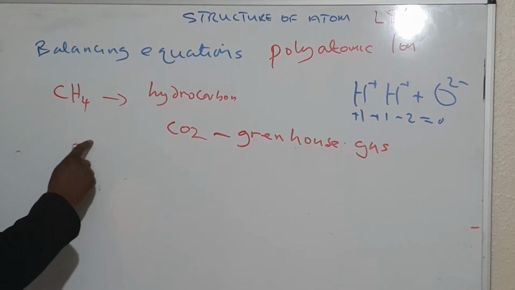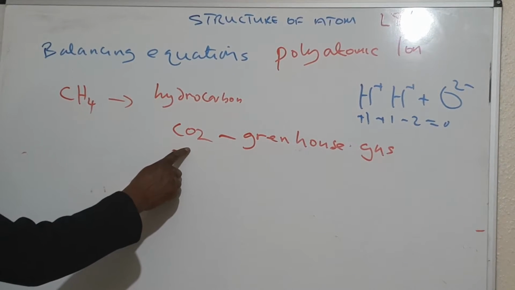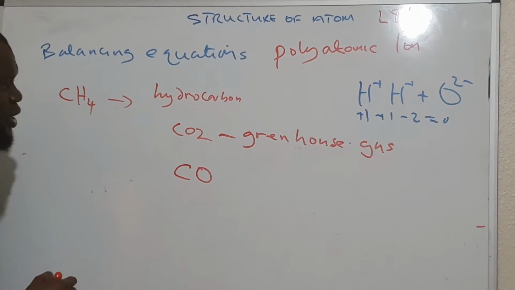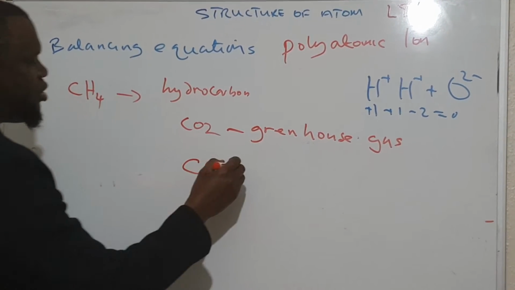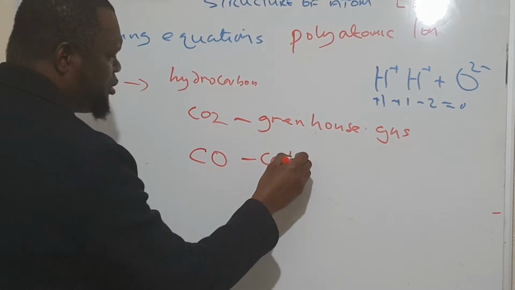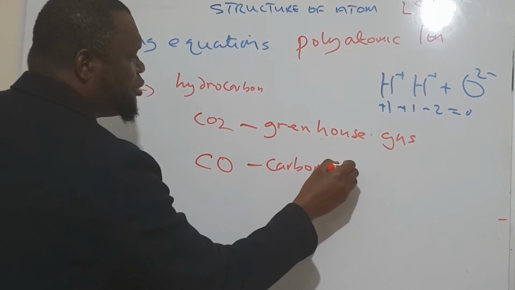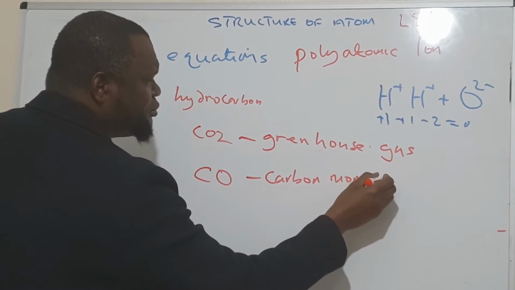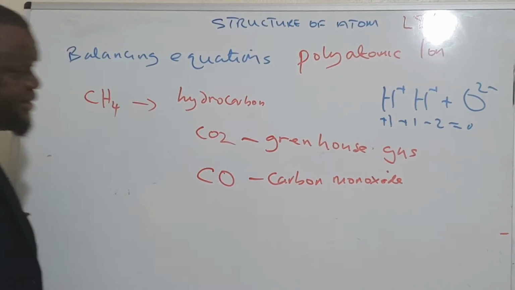Now, when methane is completely burned, it produces carbon dioxide. But if it's not completely burned, it produces a poisonous gas called carbon monoxide. Okay? Carbon monoxide.